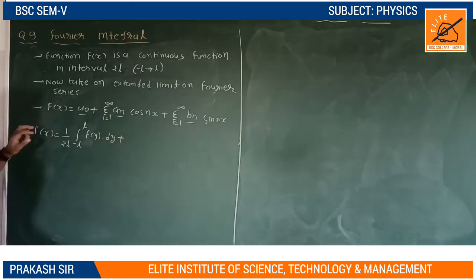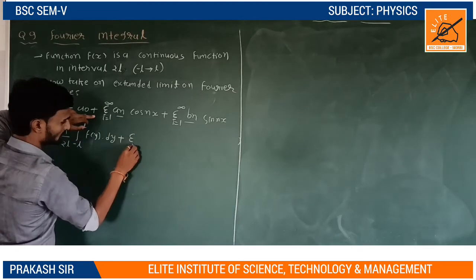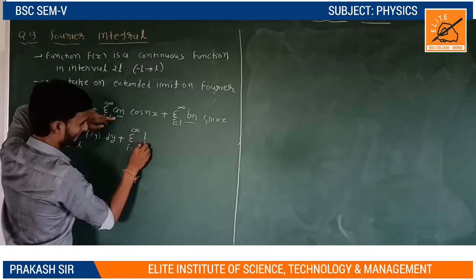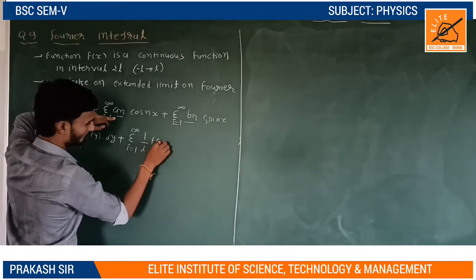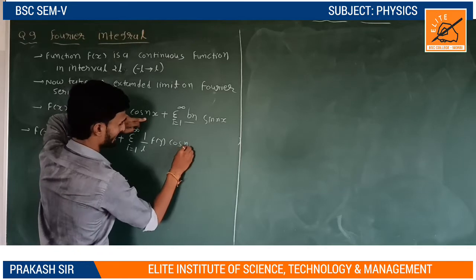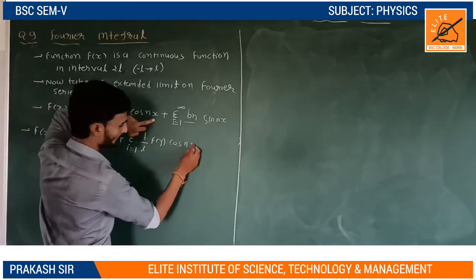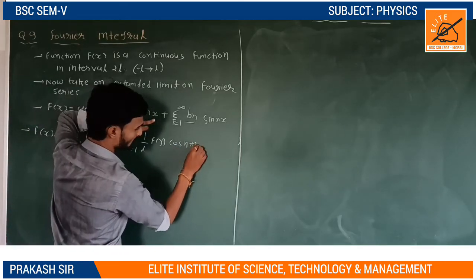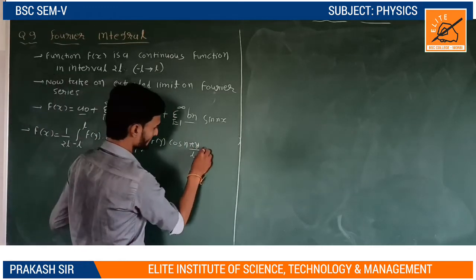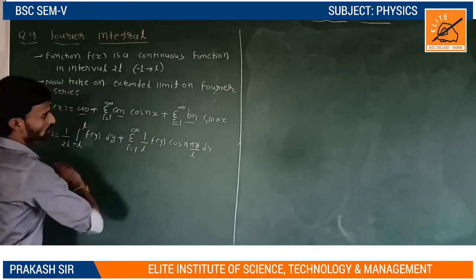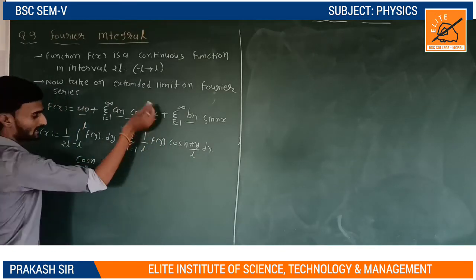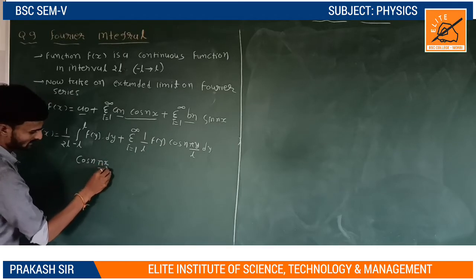Now the second term, summation of 1 to infinity, the value of an is 1 upon L integral f of y into cos n pi y upon L dy into cos n pi x upon L.